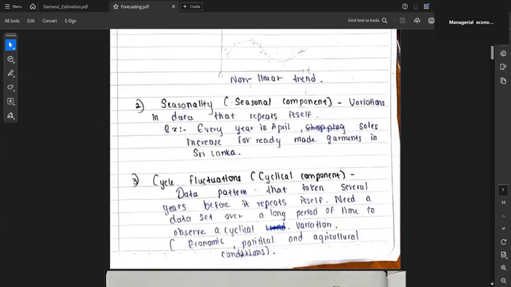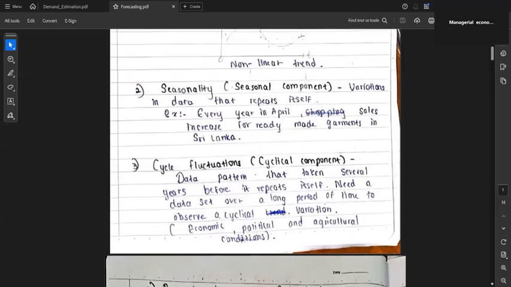Seasonal components are the variations in data that repeat themselves. For example, every year in April, the demand for ready-made garments in Sri Lanka increases. So that's a seasonal variation. Cyclical fluctuations: to observe cyclical fluctuations, you have to take time series data for a long period of time.